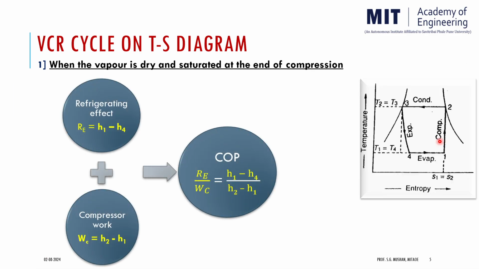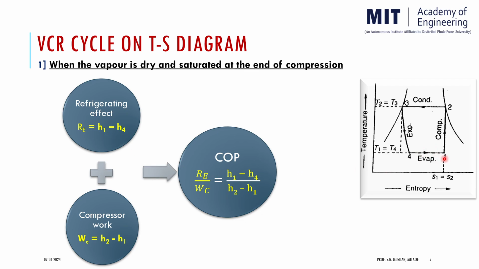For finding the performance of the system, we have the definition that the coefficient of performance is the ratio of net refrigerating effect divided by the work consumed by the compressor. Your refrigerating effect is between the process 4 to 1, so we calculate it as H1 minus H4, where H indicates the enthalpy values.